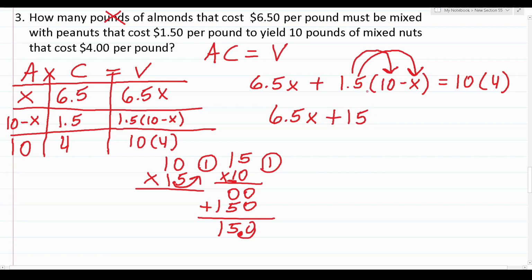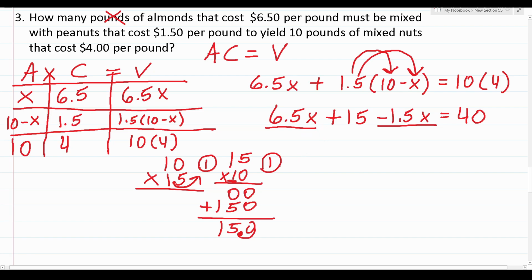And then 1.5 times negative x is negative 1.5x equals 10 times 4. Well, 10 times 4 is 40. All right, so let's go ahead and start simplifying this. If you want, you can go ahead and combine your like terms, notably 6.5 and negative 1.5. In essence, that says 6.5 minus 1.5x.